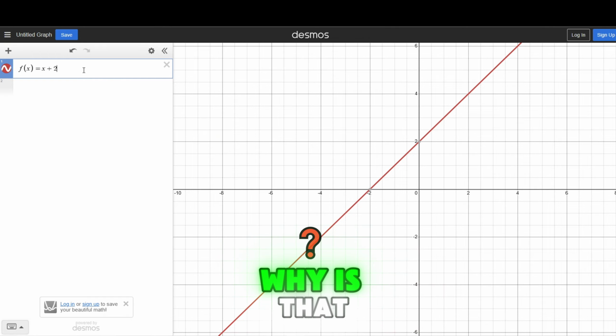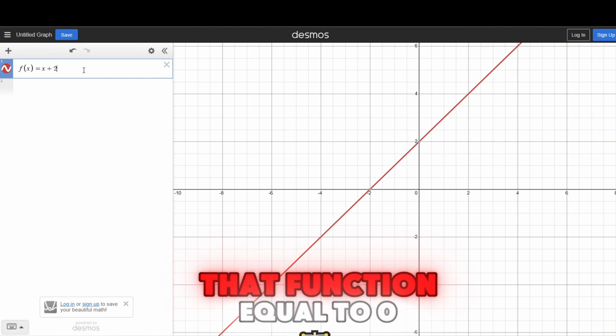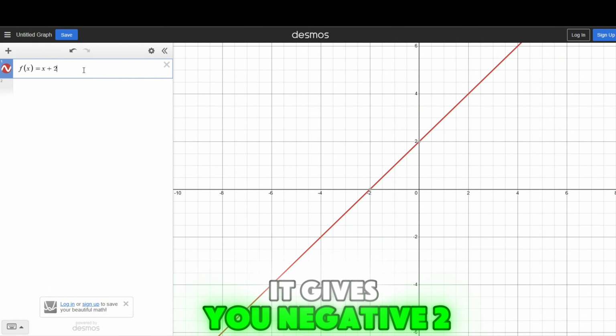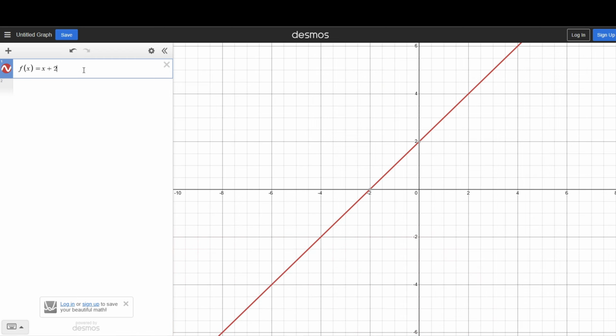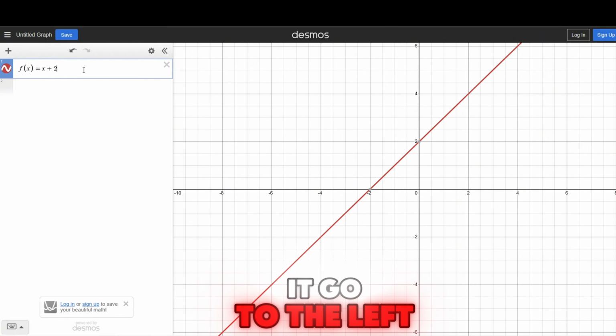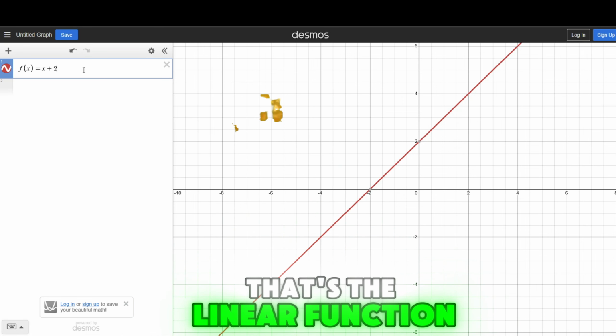Why is that? Because when you set that function equal to 0, it gives you -2, which indicates that the transformation made it go to the left 2 units.